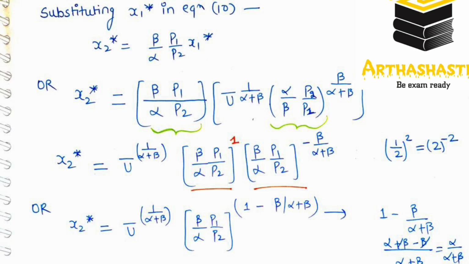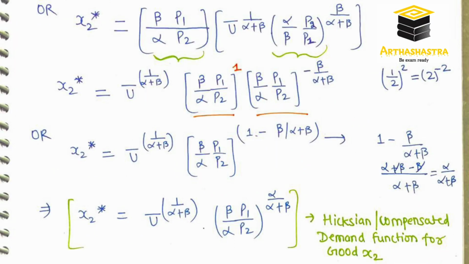So we write beta over alpha into p1 by p2. Its power is 1, and we take the reciprocal of the term. We get beta by alpha p1 by p2. Since the power was beta over alpha plus beta, on reciprocating the term a minus sign comes and it becomes minus beta over alpha plus beta.